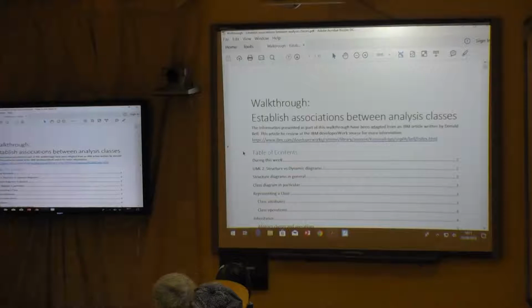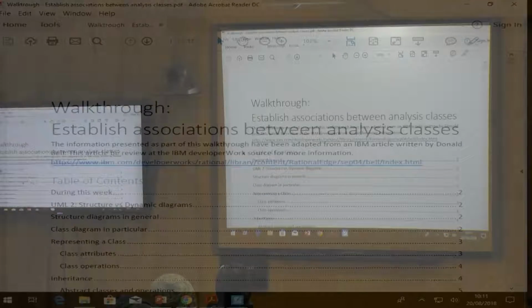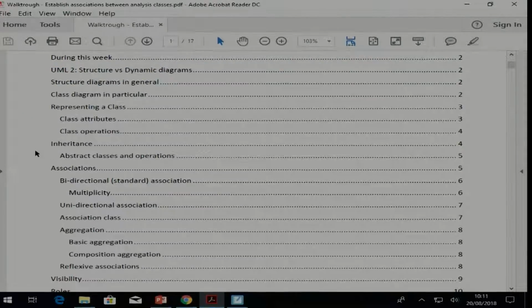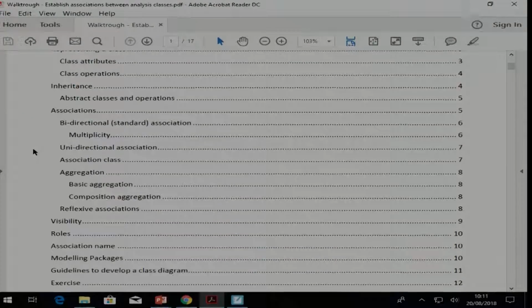Then there's also mention about associations, aggregation, your composition, all of that. And how do you start to pick this up? It was addressed in the presentation. And you can find a lot of the information from the presentation.